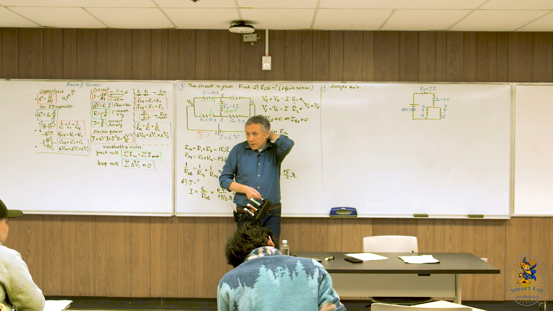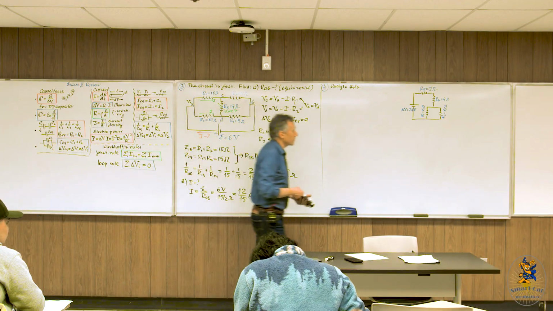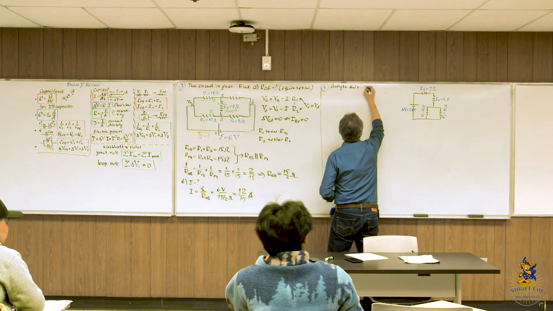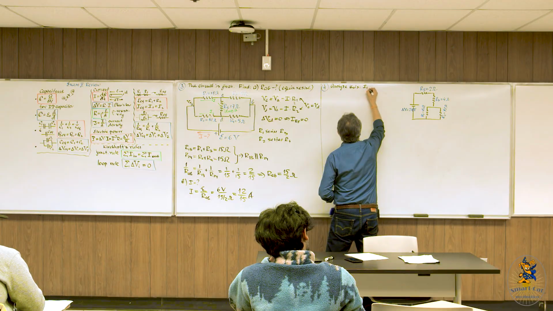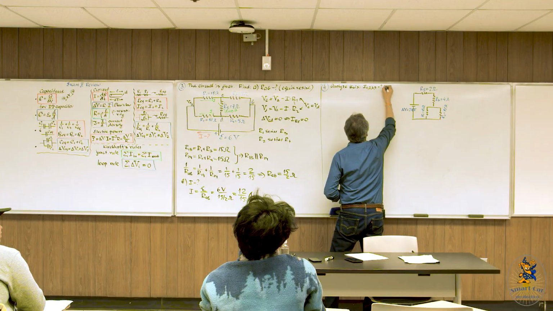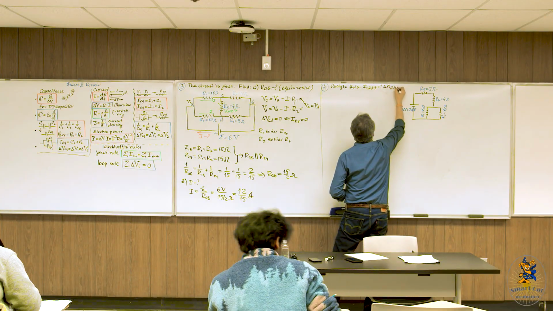So analyzing it means that we need to find the current through each of those resistors and the potential difference across each of those resistances. So we need to find I1, 2, 3, 5, no 4, and the potential differences delta V 1, 2, 3, and 5.